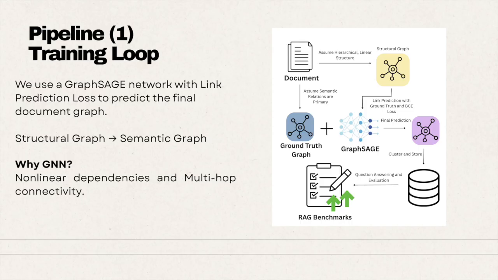We also utilized link prediction with a binary cross entropy loss, and this essentially allowed us to predict the edges from the semantic relations onto the hierarchical linear structural graph. And by this gradual update process across different epochs, we end up with a non-linear combination of the structural and the semantic graph. Finally, this was clustered and stored, and we evaluated it on metrics for question answering and evaluation, which is the standard for RAG.